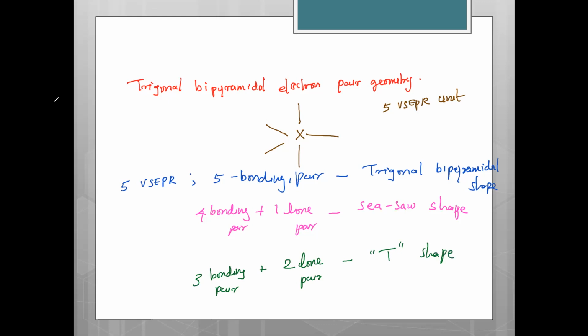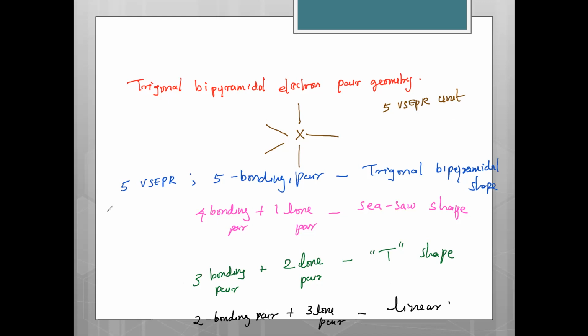The final one is when you have 2 bonding pairs with 3 lone pairs. The shape is linear. This is what I'm going to speak about with you all.